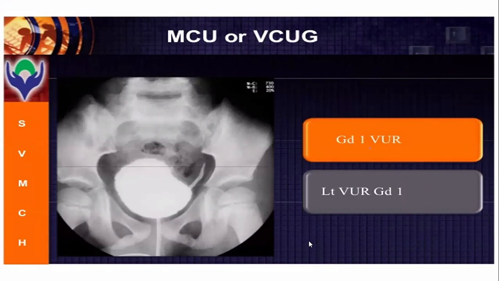What stage is this, Doctora? When you put dye in your patient, the dye fills the urinary bladder. Then the patient will say, Doc Fems, I really like to urinate because the bladder is already full.